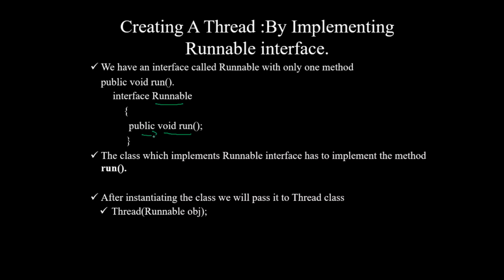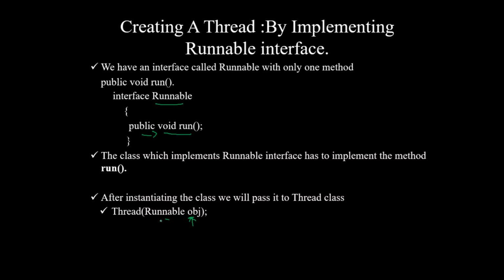After overriding the run method, for that class you have to create an object. Let us assume the object of that class which implemented the Runnable interface is obj. Then further you have to create an object for the class Thread, and for the Thread class object, you have to pass this obj as an argument.